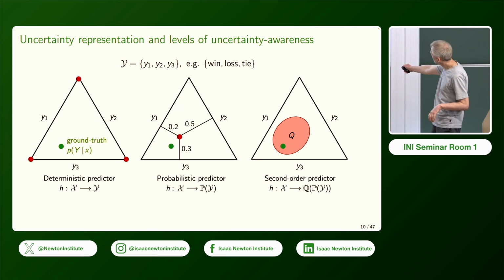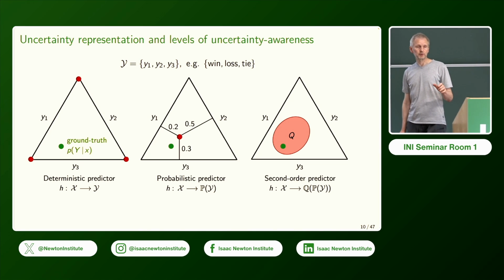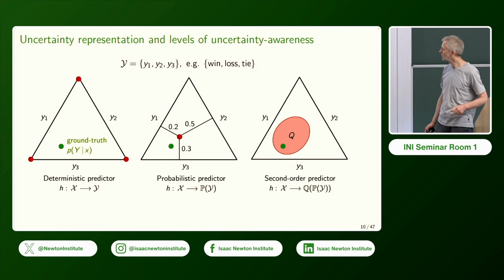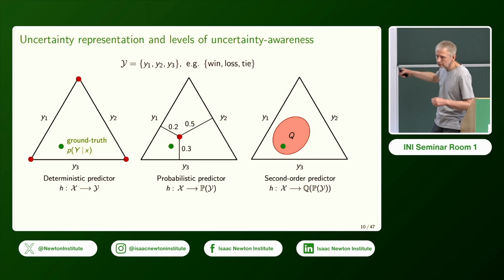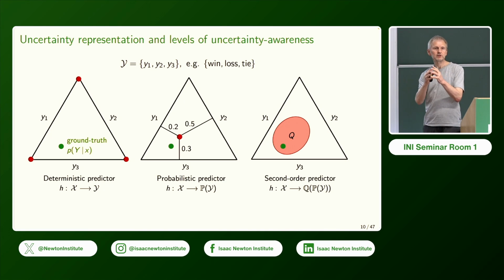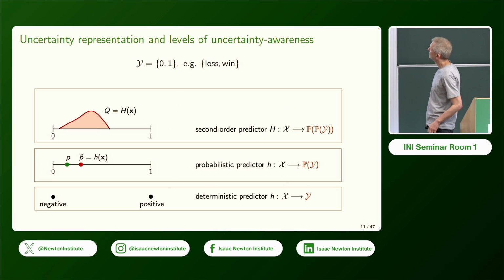In the following, I will look at this case of a second order probability distribution, which allows the learner to predict more or less spread or more or less concentrated distributions, where a very concentrated distribution would mean the learner suggests to be more certain, a more spread distribution, more uncertain.